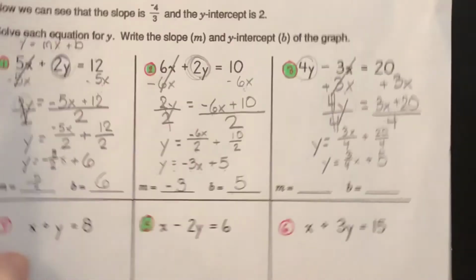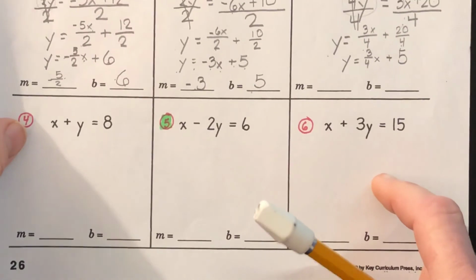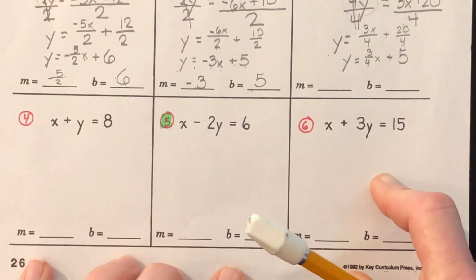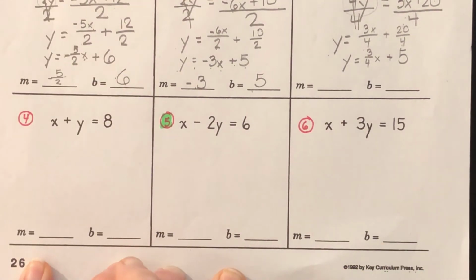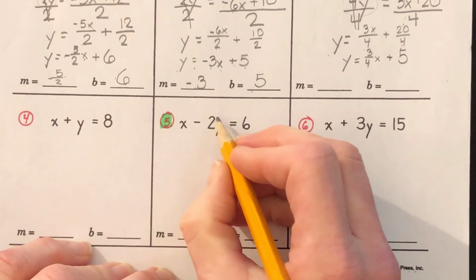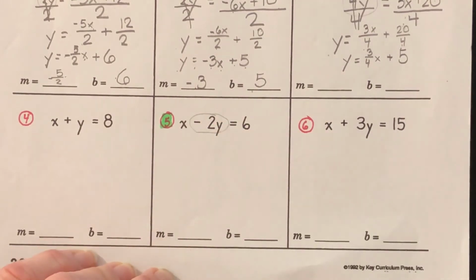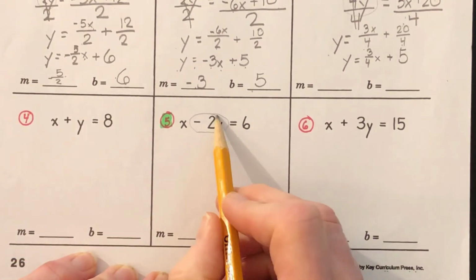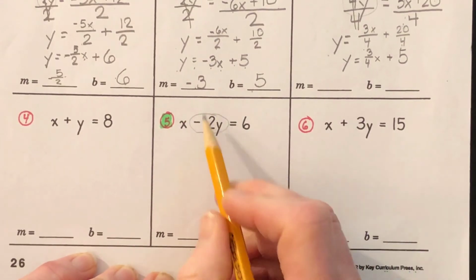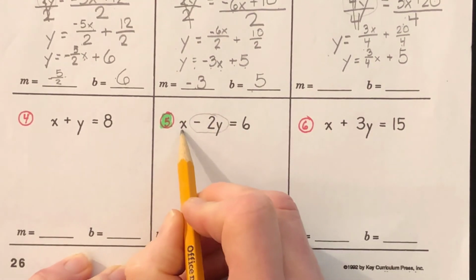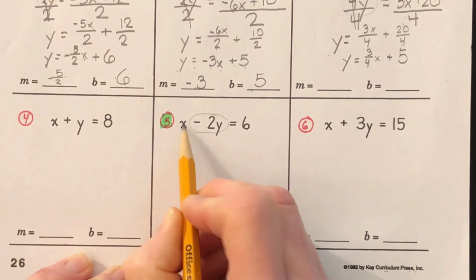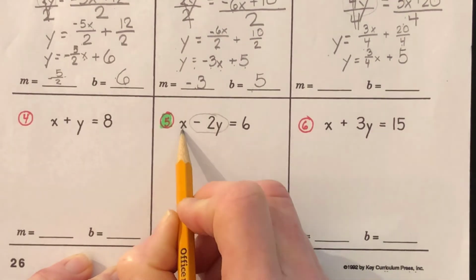On to number 5. We've got, this time, a negative 2y. So we've got something more we'll need to do this time. So let's get the negative 2y by itself. That's how we'll start. We have a positive x with it. See, this is positive, this is negative, this is positive.